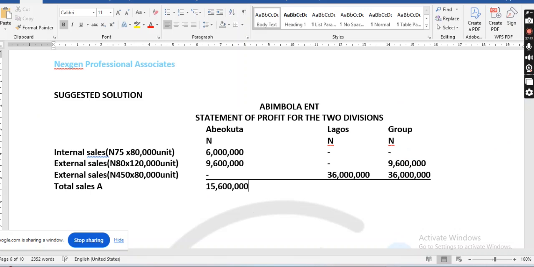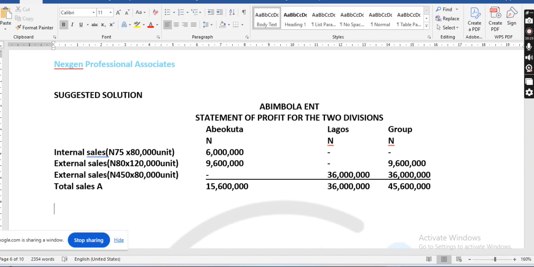Okay, that's fine. So if you add this together, this should give you 9.6 plus 36 million. What do you have? 45,600,000, right? So please, you can mute your mic.